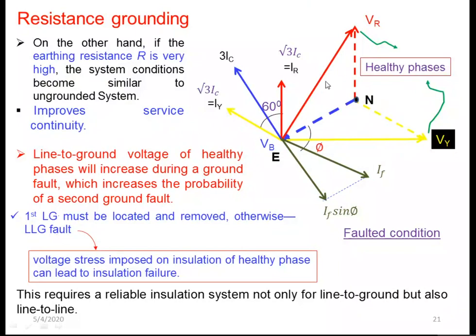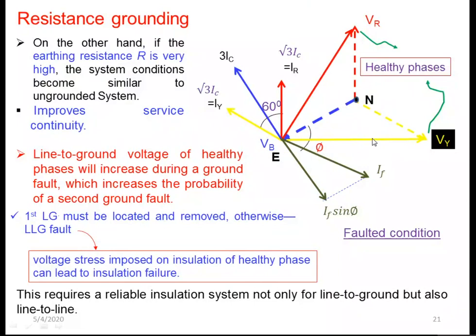Because of the rise in the voltage across the healthy phases, there will be a stress on the insulation of the healthy phases. So the voltage stress on the insulation of the healthy phases is increased, and this may result in insulation failure for the healthy phases.